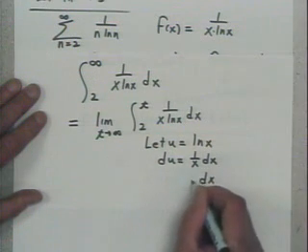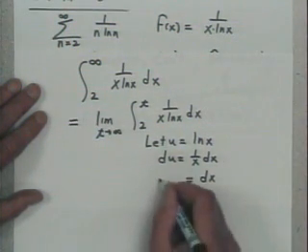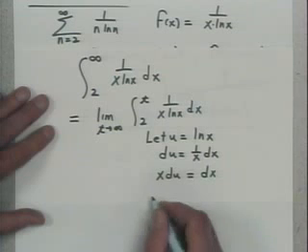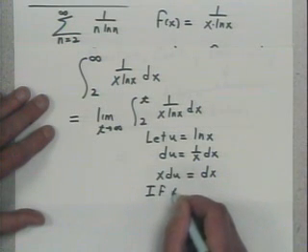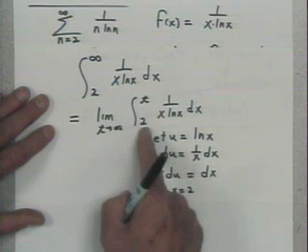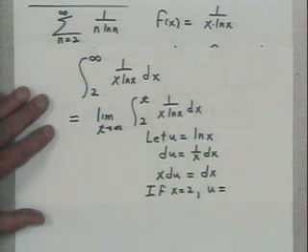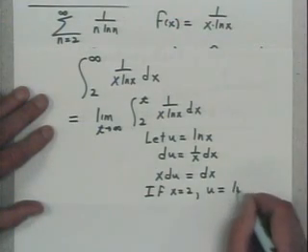Which means that dx gets replaced with what? X times du. Okay, but if x equals 2, right there, then what does u become? Remember how we have to change our limits? Yeah, natural log of 2.